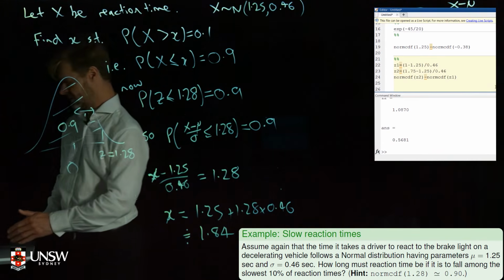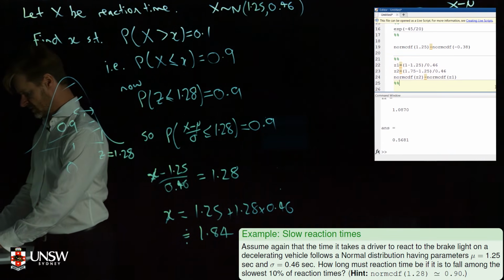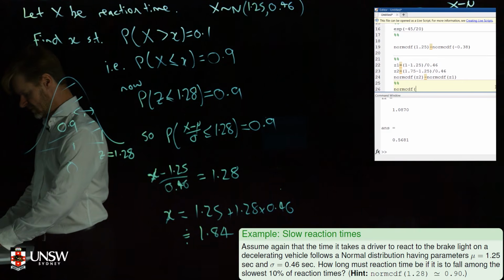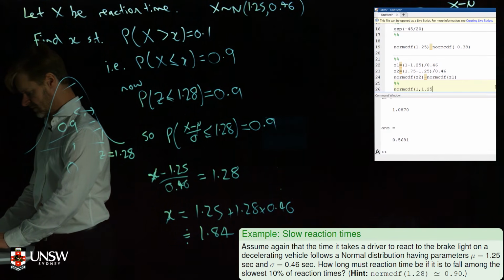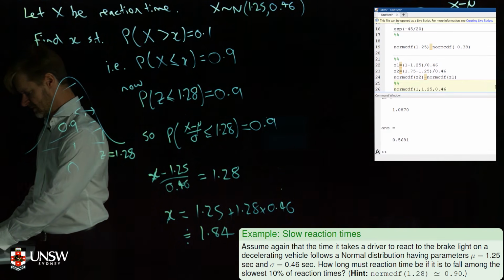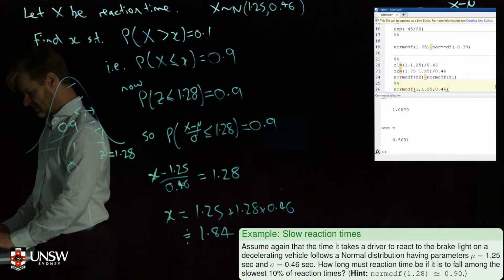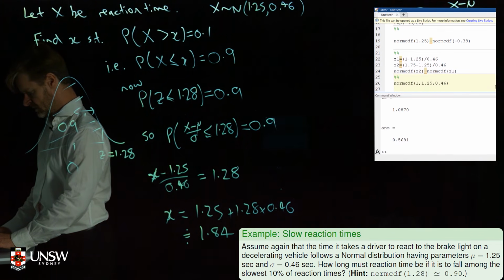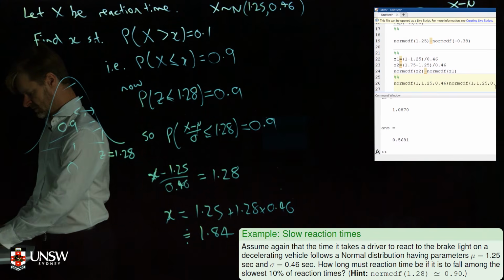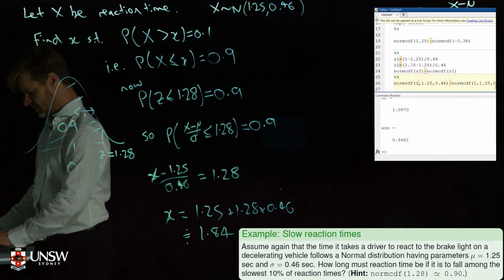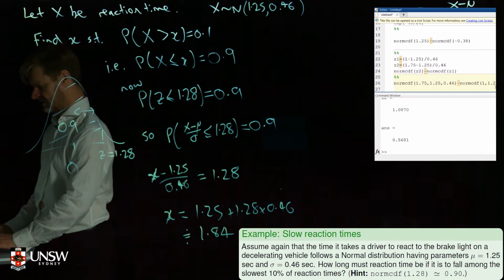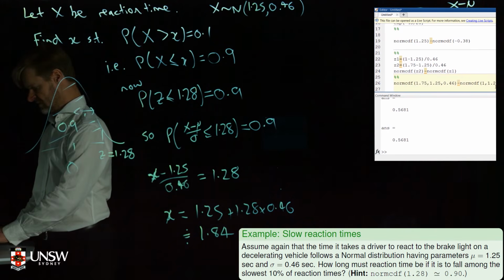We got 0.568. What we could have done was gone norm-CDF of 1, 1.25, 0.46 and subtracted that from norm-CDF of 1.75, 1.25, 0.46.